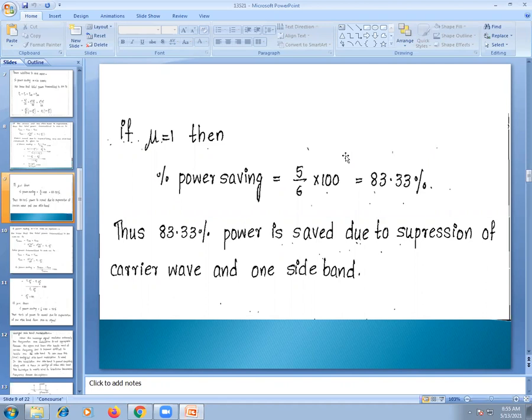That 16.67 is the single sideband power only. That is the available power. So the total power saving is 83.33% by single sideband, that is, 83.33% power is saved due to suppression of the carrier wave and one sideband.